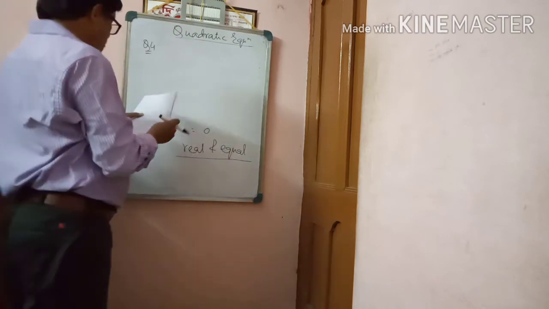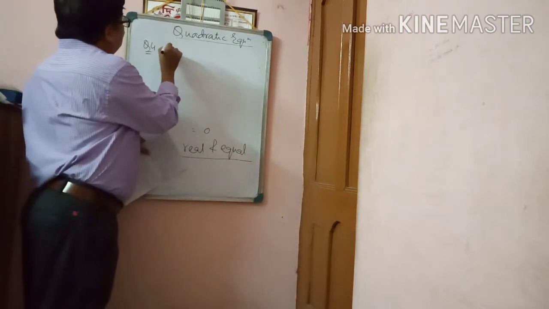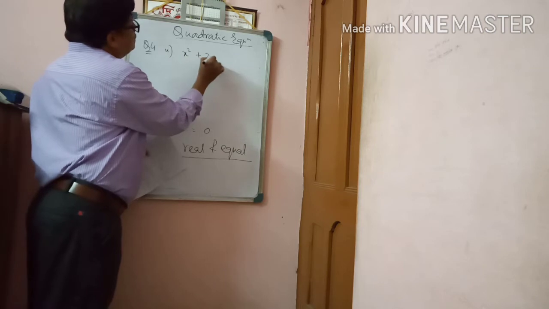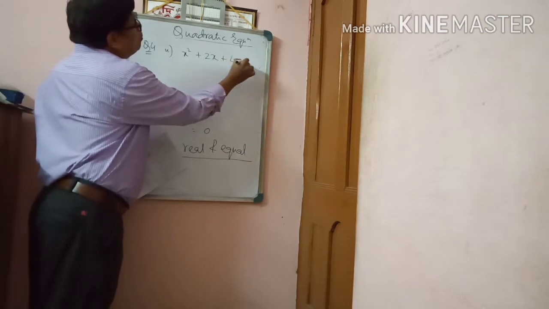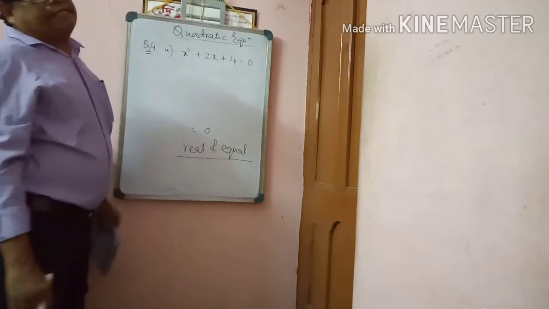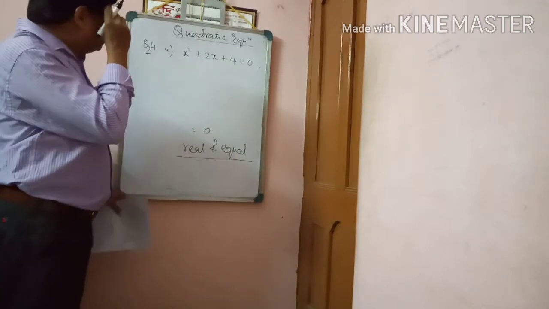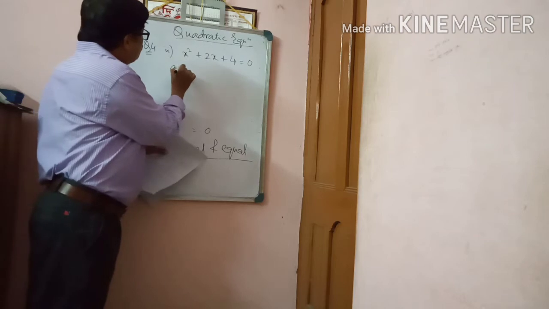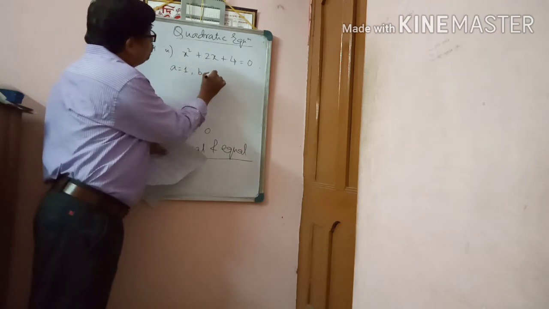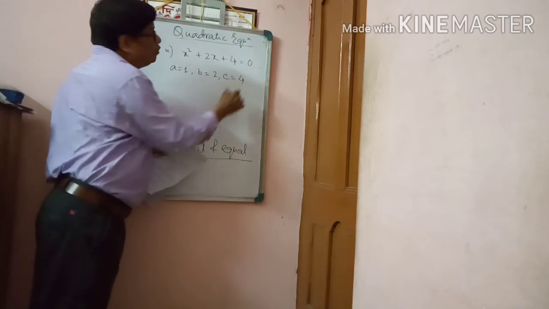Next, write x square plus 2x plus 4 equal to 0. So a equal to 1, b equal to 2, c equal to 4.